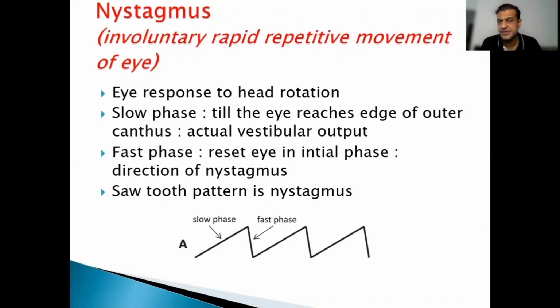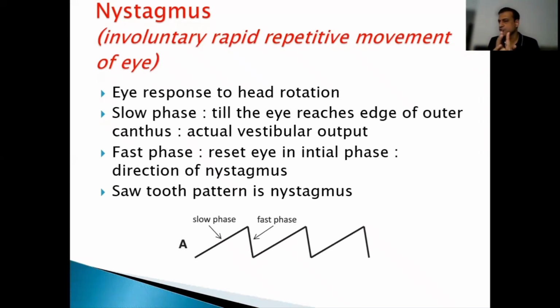So what nystagmus happens? The vestibulo-ocular reflex. Again, see my face. When my head moves to the right side, my eyes try to keep the focus on a center object. But if my head keeps moving and the eye cannot keep that focus, it shifts the focus and picks another fixation point.